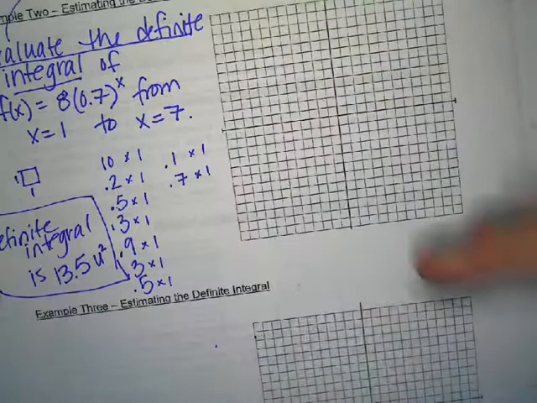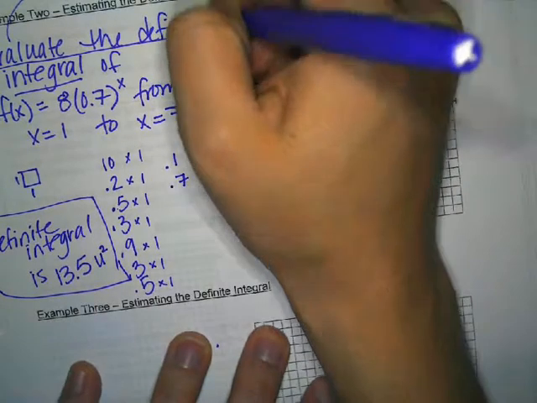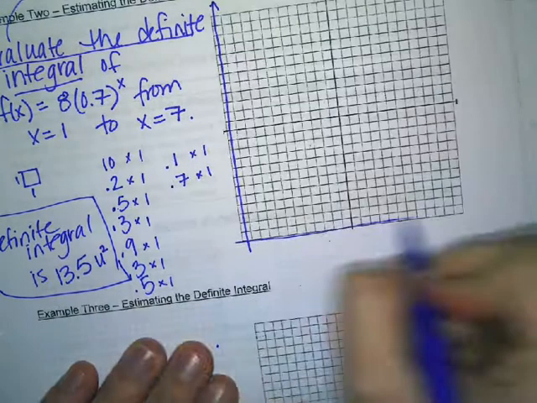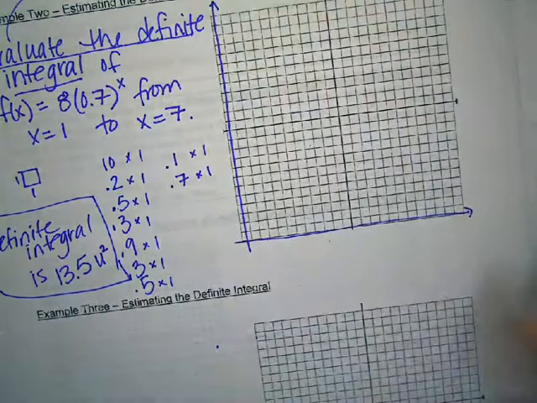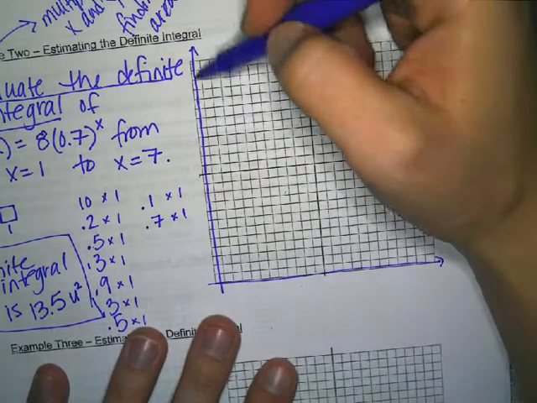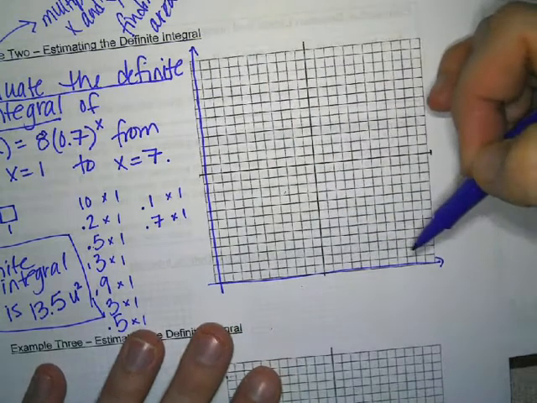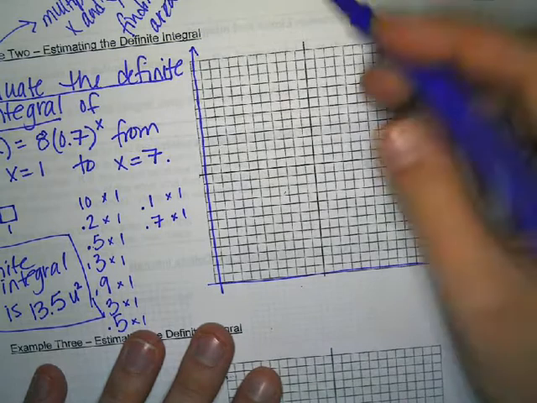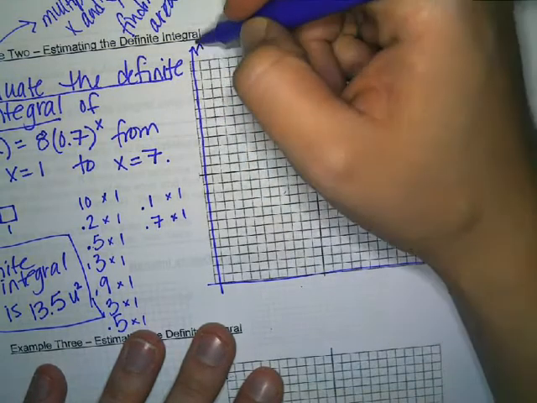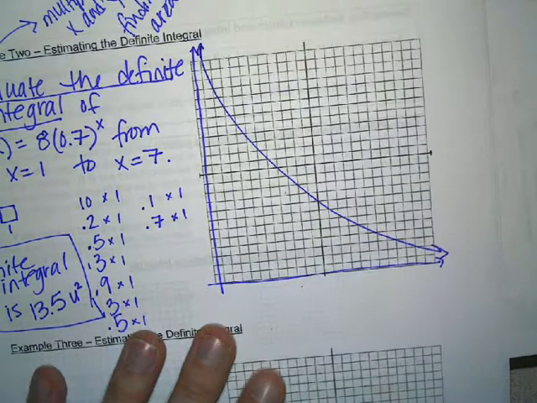And then in your graph here, I want you to just draw a sketch of what your graph will look like. And then we're going to shade in the area that we found. So from 1 to 7, didn't our curve kind of come down like this? My graph turned off. It was like an exponential decay, right? So it doesn't have to be totally perfect, but for what you see on your screen, you should show it there.